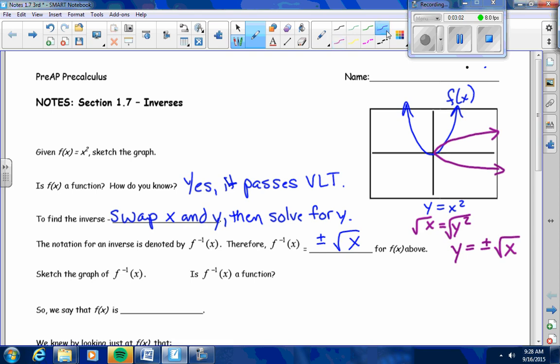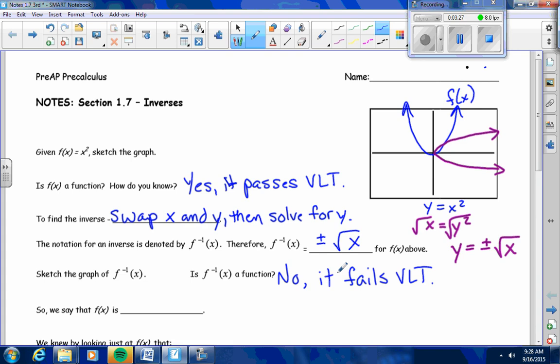Okay. Now the question is, is f inverse of x a function? No, because it fails the vertical line test.